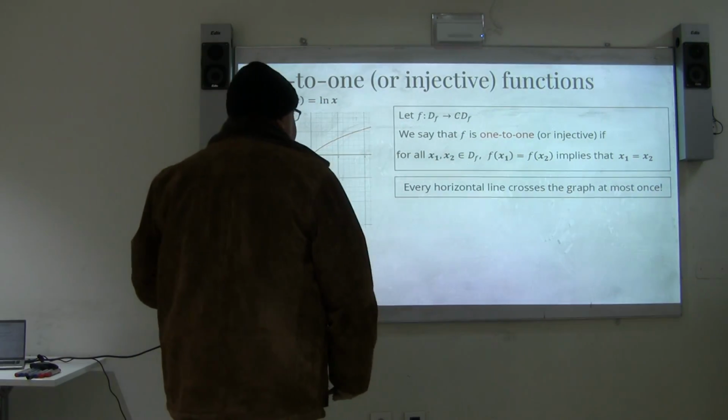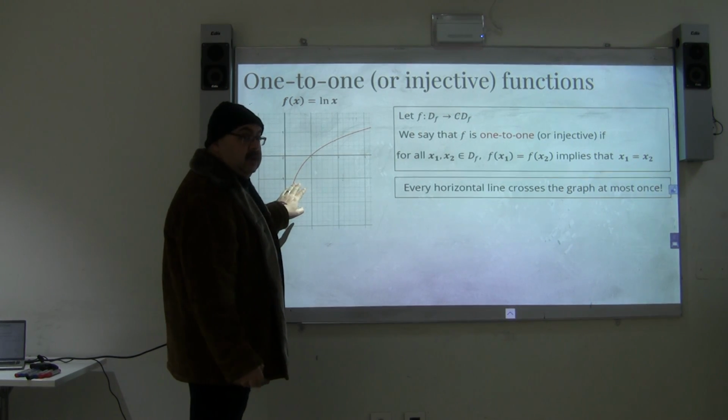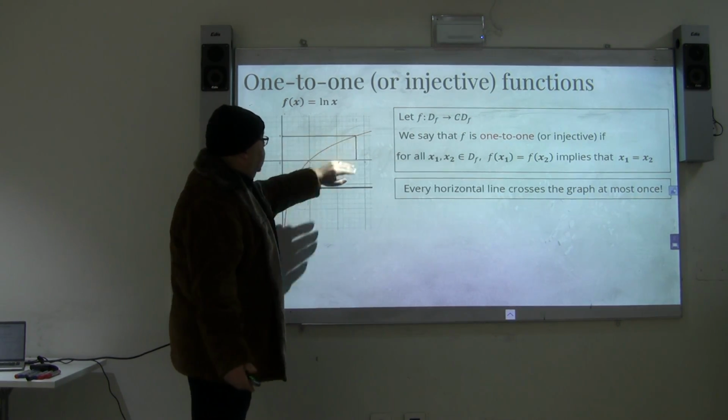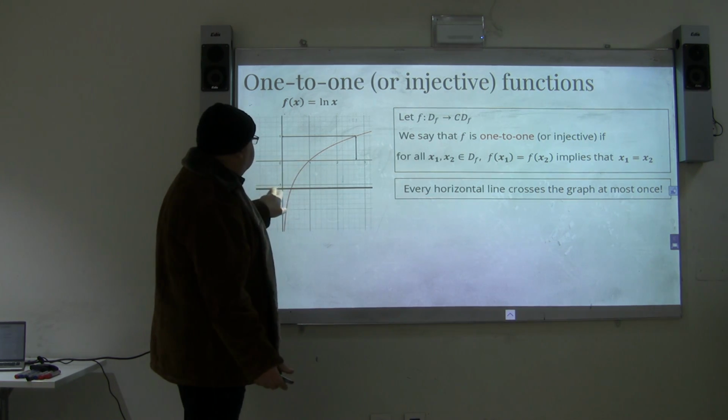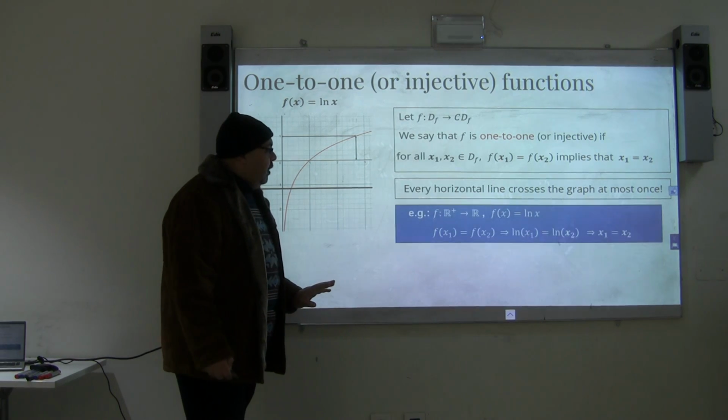There is no problem. So if you remark, that's the logarithmic function. If I draw the horizontal line in any way, it will cut the curve at just one point. In this case, it is a one-to-one function.